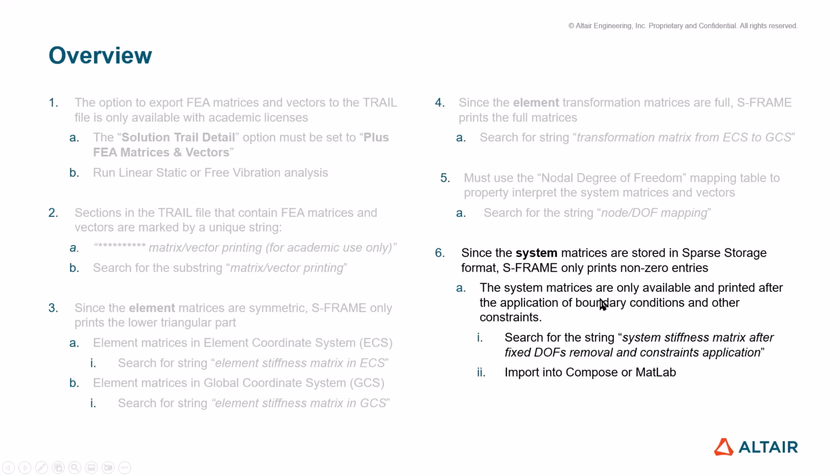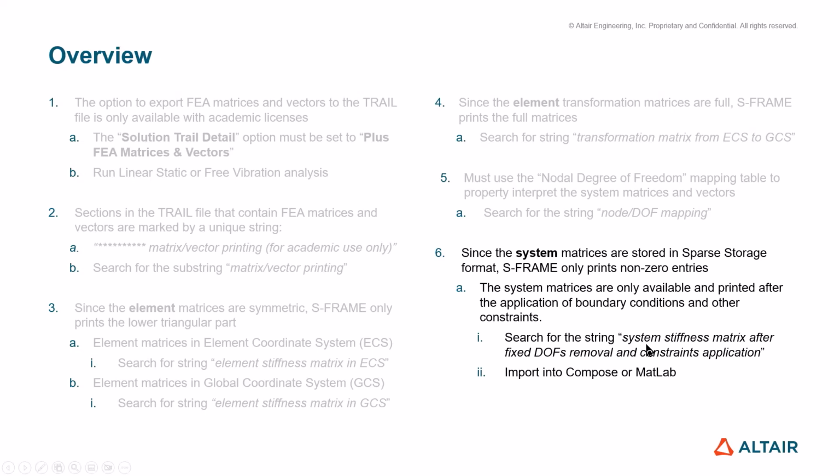Please note that these matrices are printed or formed and made available in the trail file after the boundary conditions are applied, which means that if you go back to the previous slide where we show which degrees of freedom are constrained with the zeros in that table, those degrees of freedom are removed from the system matrices and vectors.